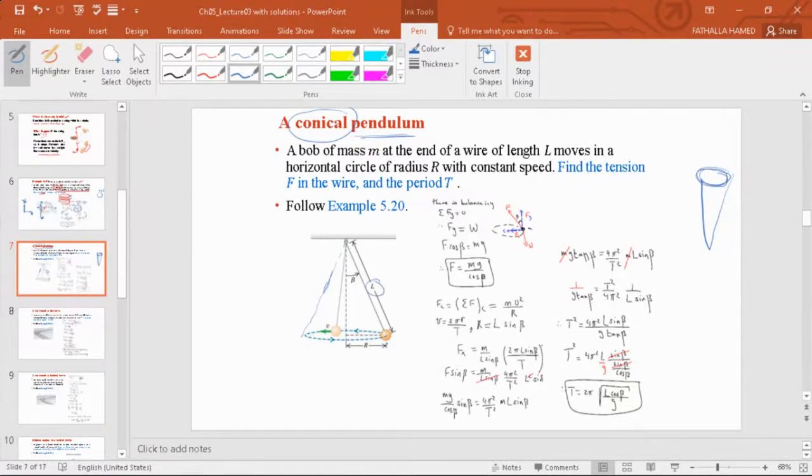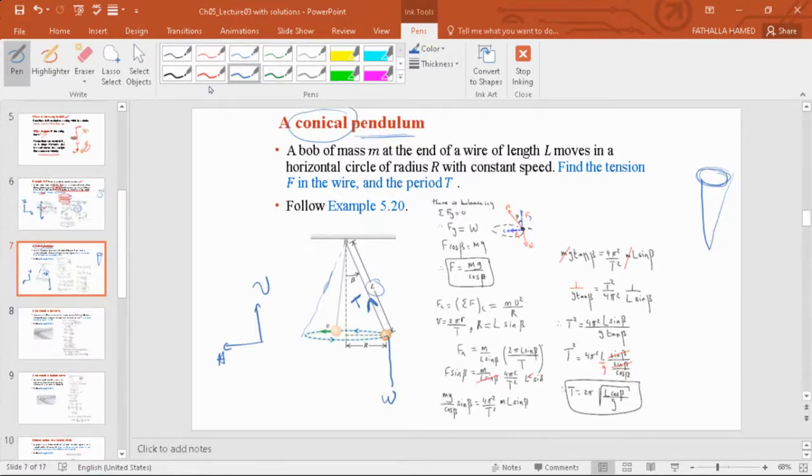Now, the same thing that you can do here, you can take your weight down. You don't have a normal force because there is no supporting surface here, and then you'll have a tension which would be pulling this way. Now, I told you in this case, you will choose a horizontal and a vertical.